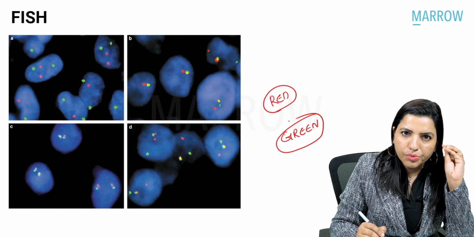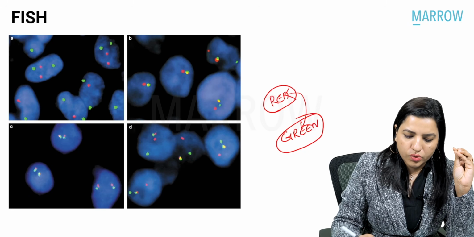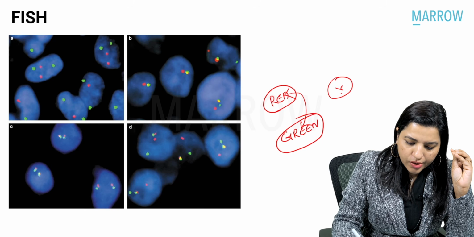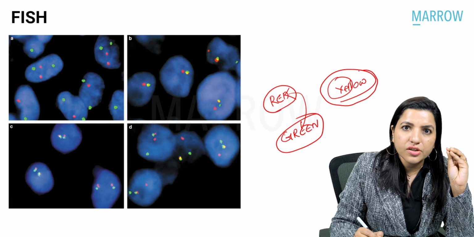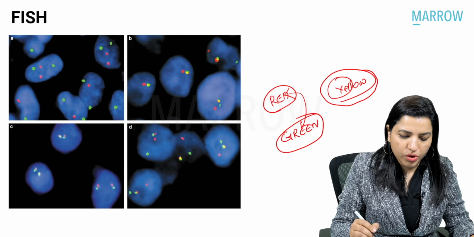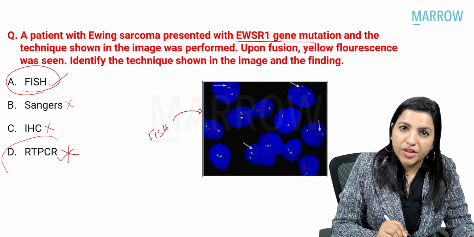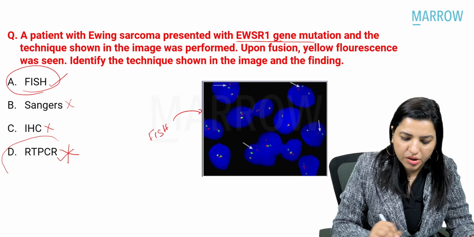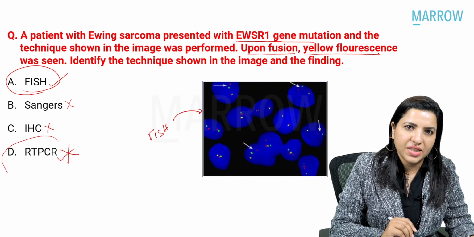Now if there is a mutation because of the fusion of these two exons, what we get is a yellow color. So yellow color says that there is a fusion between two exons. This mutation is what is called an EWSR1 gene mutation, where a fusion gene is produced, and that is what is seen. Upon fusion, a yellow fluorescence is seen.